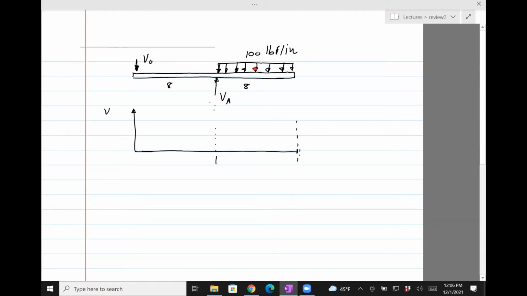Okay, so let's start from the left and go to the right. We might as well replace these forces. So V0 was 400 and VA was 1200.